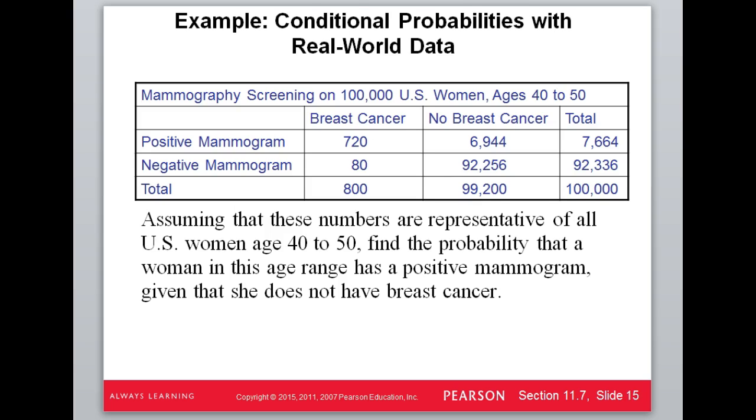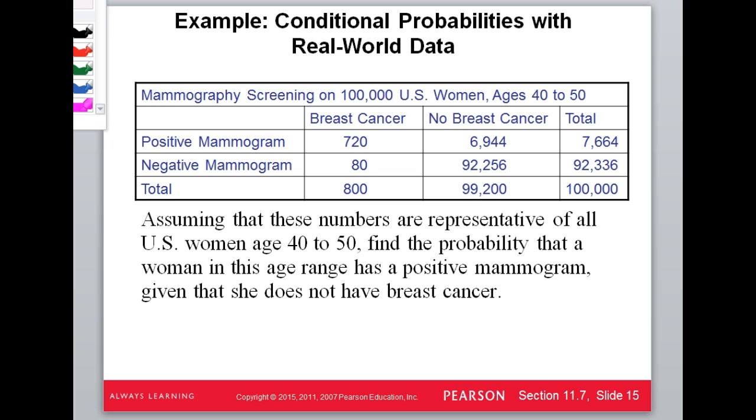Alright, then you can get conditional probabilities from a table. So assuming these numbers are representative of all U.S. women aged 40 to 50, find the probability that a woman in this age range has a positive mammogram, given that she does not have breast cancer.